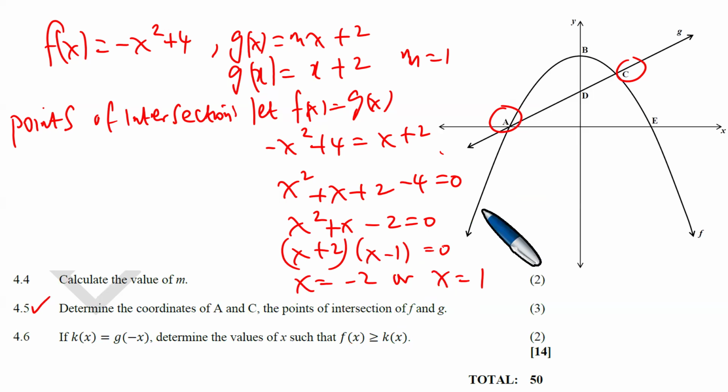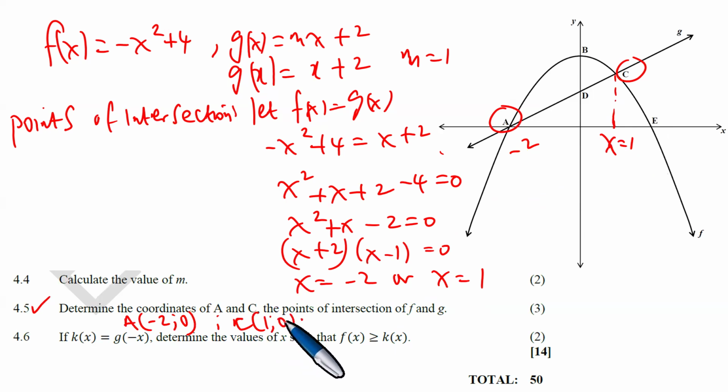Okay, so we're finding the coordinates of A and C. We already know that A is minus 2, but it means therefore that here x is going to be 1. So A has the coordinates x is minus 2 and y is 0.